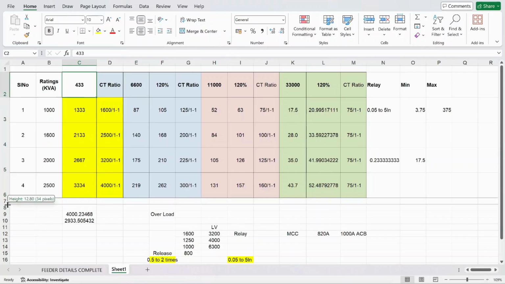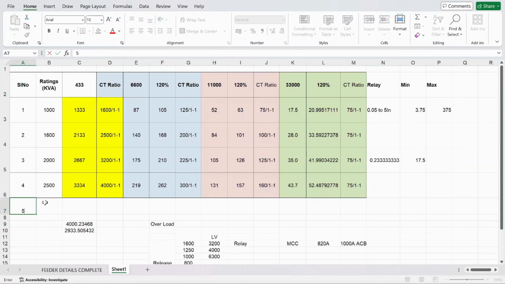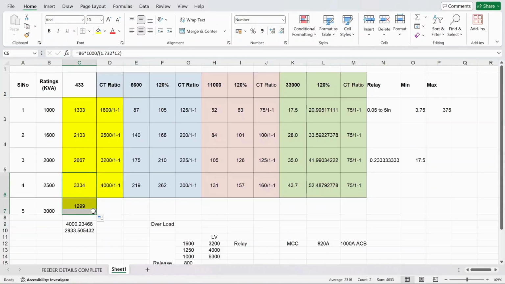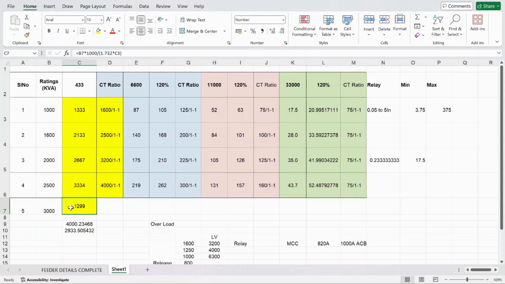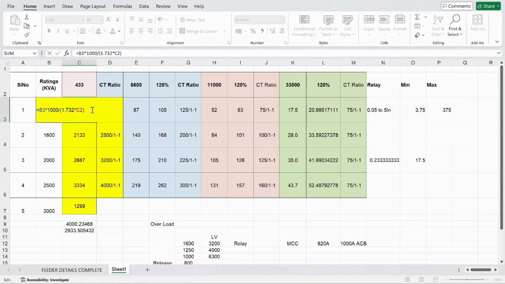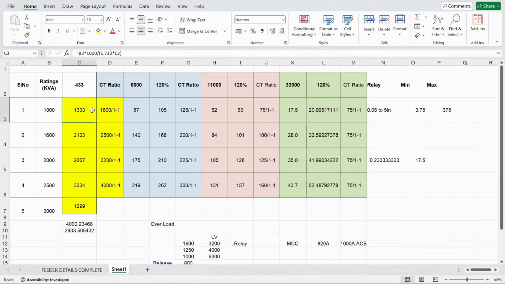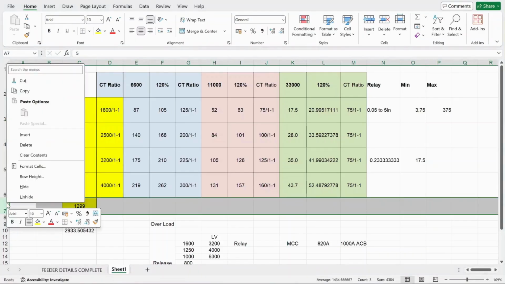If you want to go further, you can take 3000 kVA. Anyway, we will see that.